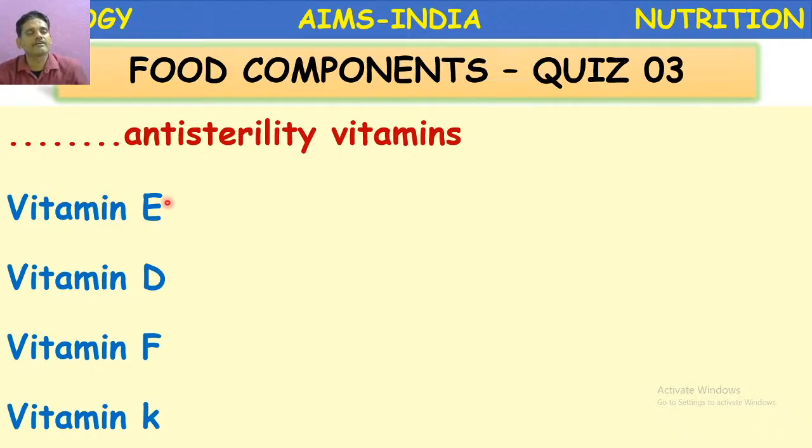Vitamin E is also called anti-sterility vitamin because its deficiency in females leads to abortions and sterility in males. So that's why vitamin E is required for normal functioning of reproductive organs. It is also an anti-aging vitamin.